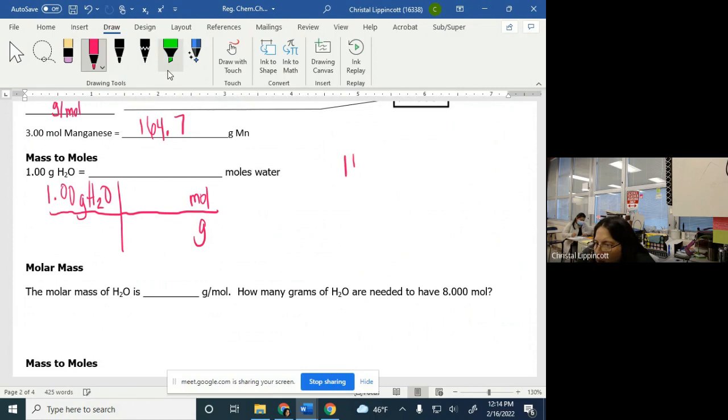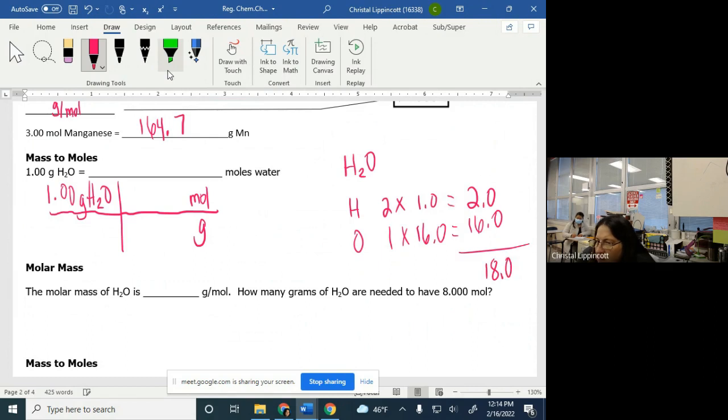So for water, H2O, I've got 2 hydrogens times 1.0 off the periodic table. I've got 1 oxygen. Oxygen is 16.0 off the periodic table. If I add those together, it's 18.0. And that's what I'm going to use for my bottom number here.